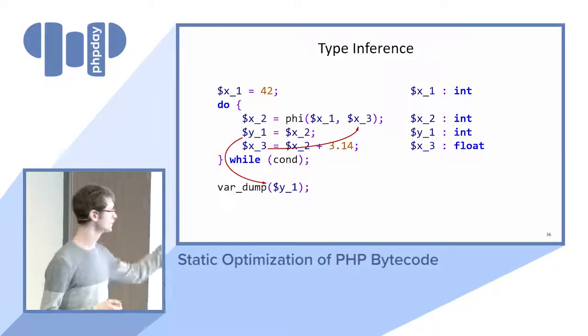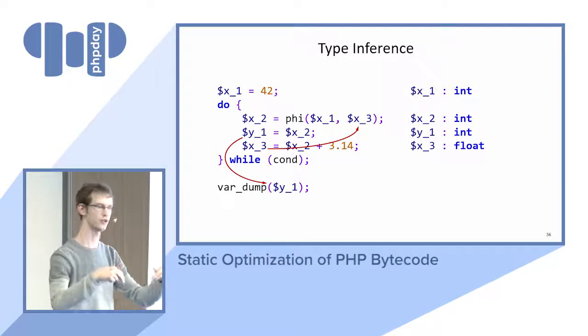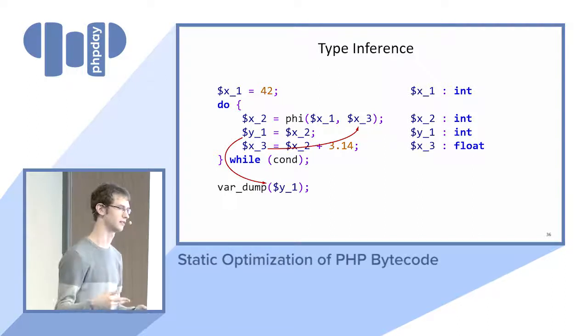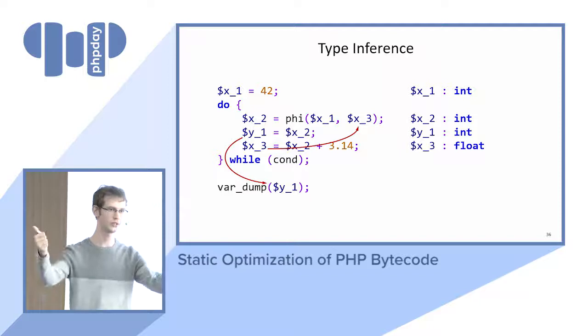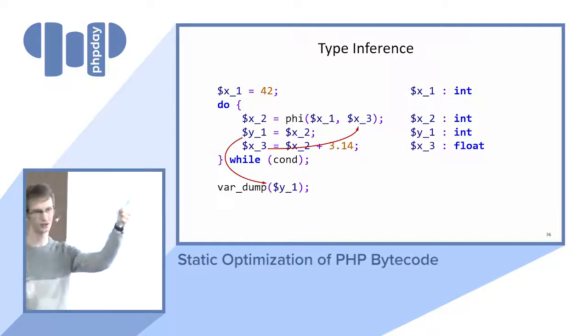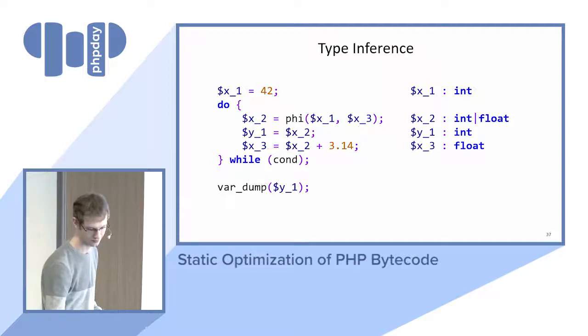And x3 is used in the phi node. We already handled the phi node, but because the input type information changed, we have to handle it again. So this time the type will be either x1 or x3. So x1 is an integer, x3 is a floating point number, so the result is int or float.